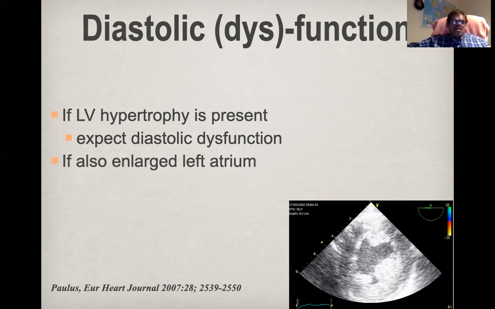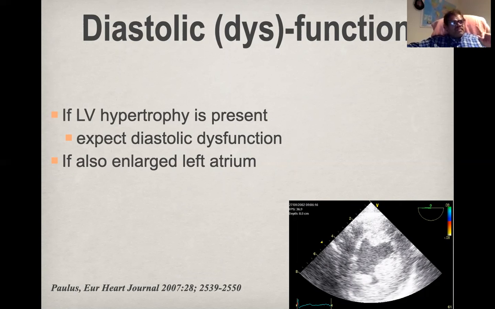Left ventricular hypertrophy, in turn, gives left atrial dilatation because the left atrium has to contract vigorously to complete the filling of the left ventricle during diastole, and that required force causes the left atrium to dilate.